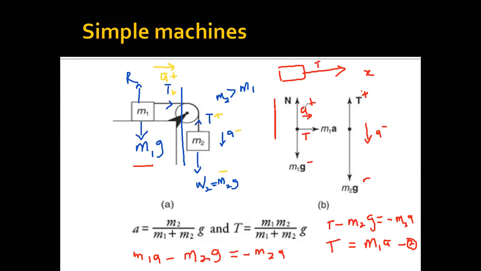Once again, we can easily factorize. Let me erase this side. We make A the subject. So that will be M1A plus M2A is equal to M2G.